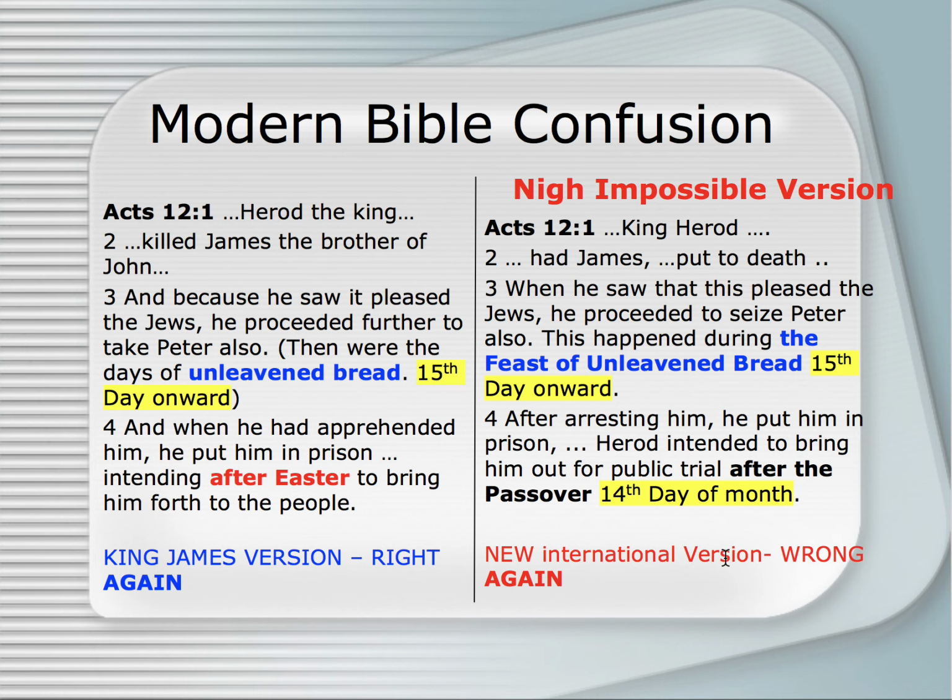So the New International Version, I'm afraid, is wrong. It's the nigh impossible version in this particular case, because the Feast of Unleavened Bread does not come before Passover in a particular year. So the King James Version is absolutely right.